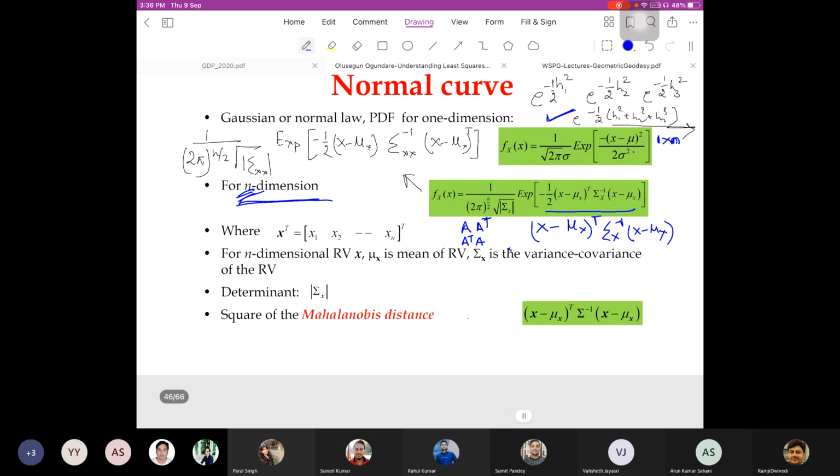That's why the transpose is initially taken, because your data vector is n cross 1. If you multiply n cross 1 to 1 cross n, following your basic mathematics, it would become n cross n.